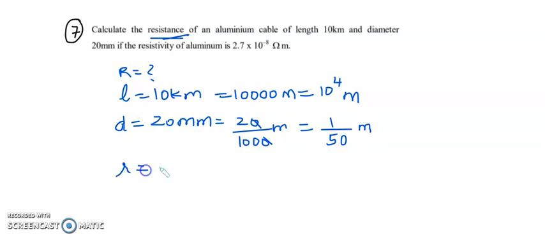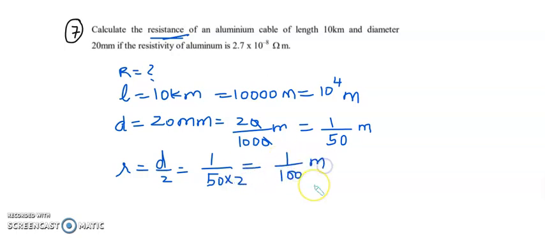So radius is d by 2, which is 1 by 100 meter, correct? Because 1000 millimeters is equal to 1 meter.